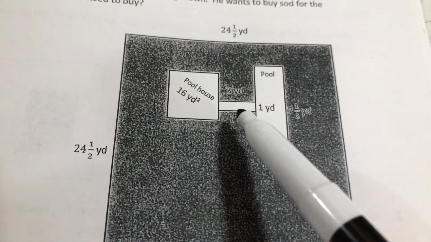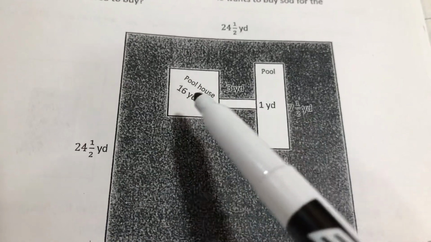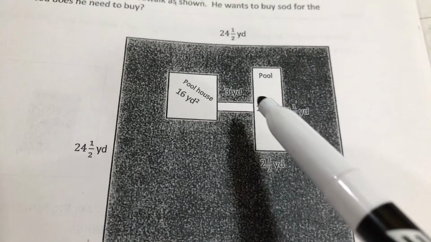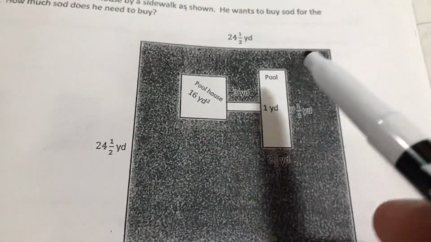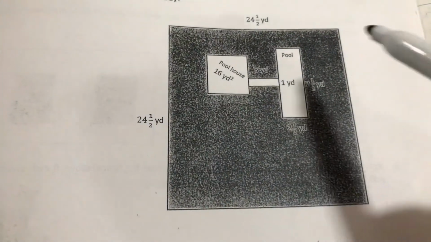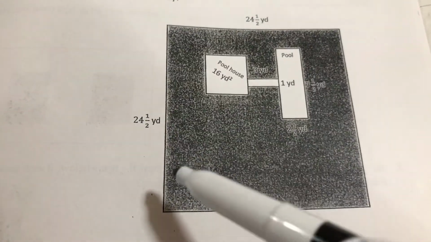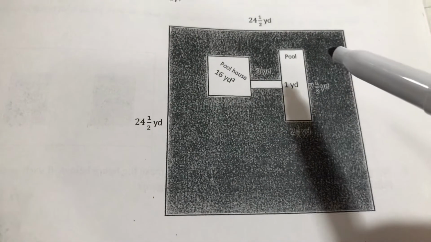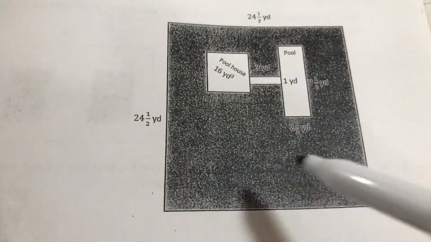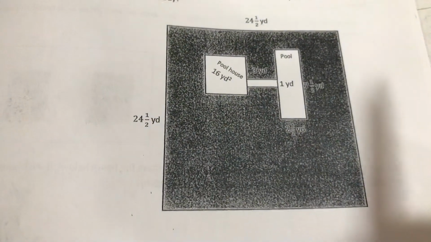So find the area of this one, add them up, all three, and then subtract that number from the area of the entire big rectangle, which is considered the lawn. And then your answer will actually end up being the gray that is shown here in your picture.